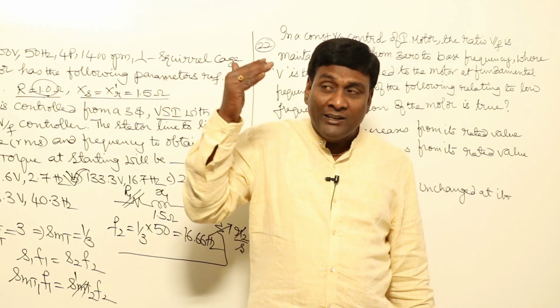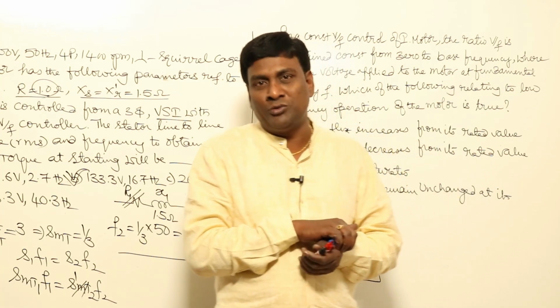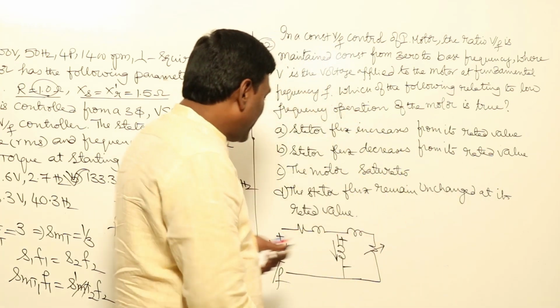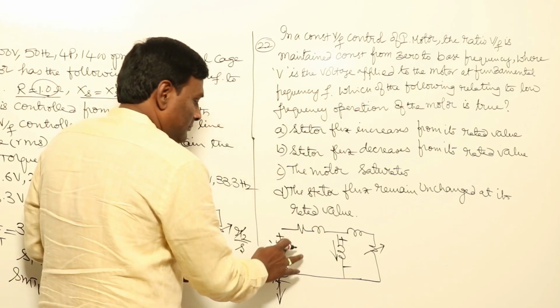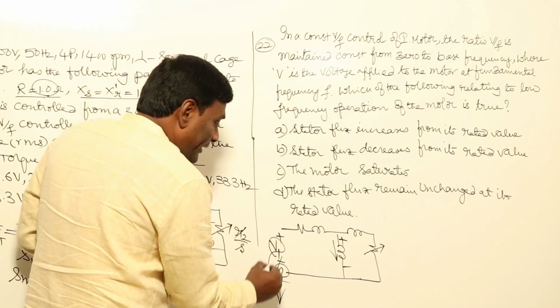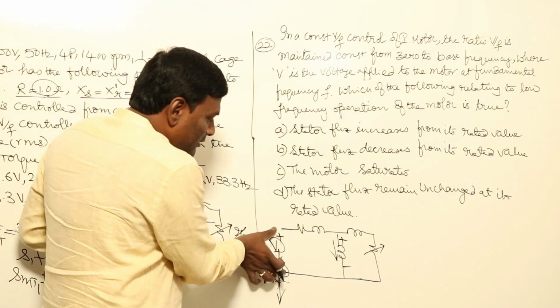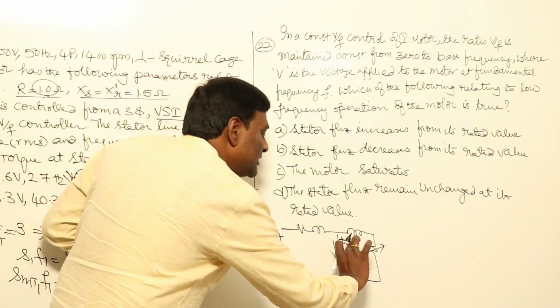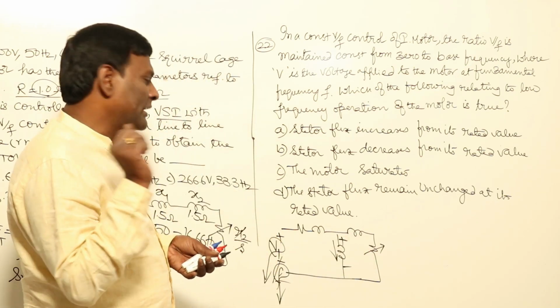If voltage is also reduced in the same proportion at very low frequency operation, the voltage drop is going to be subtracted from this voltage. Anyway, an induction motor always operates at lagging power factor with positive voltage regulation.